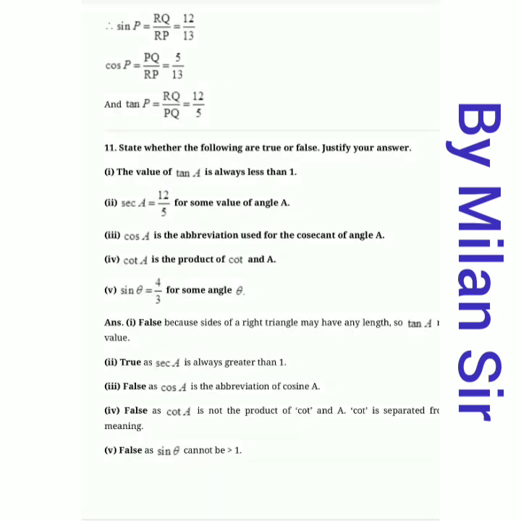Question number 11. State whether the following are true or false. Justify your answer. And first internal question, the value of tan A is always less than 1. Now what is the formula of tan A? Formula of tan A, it's opposite side upon adjacent side.